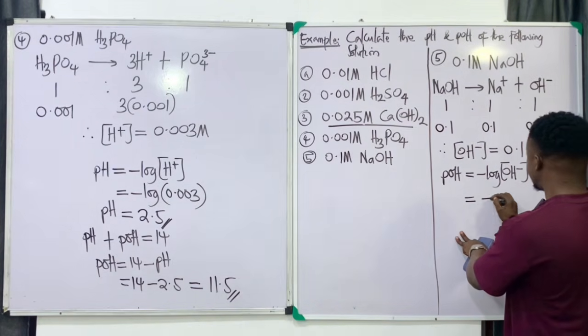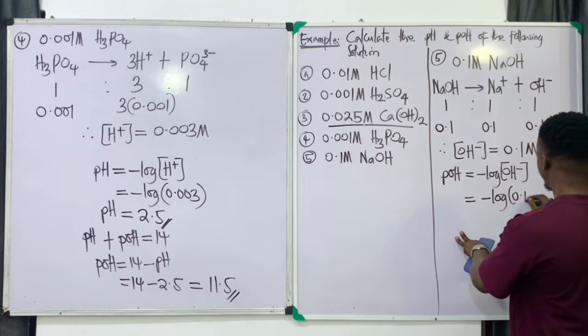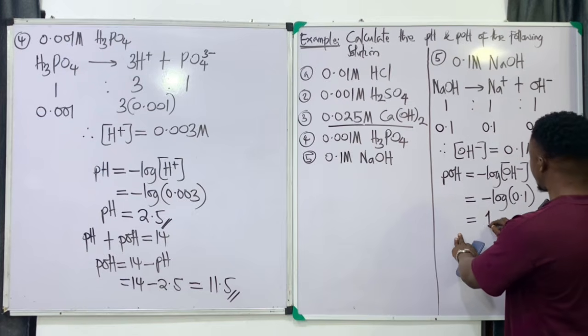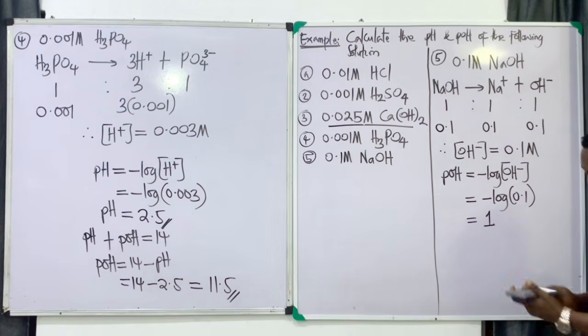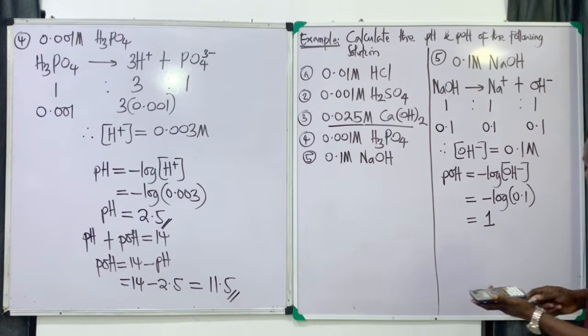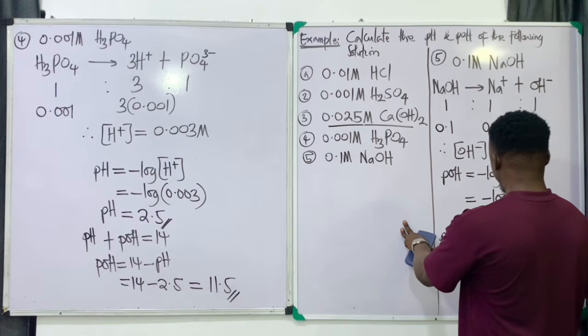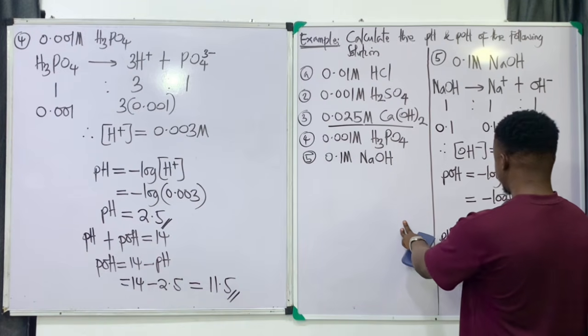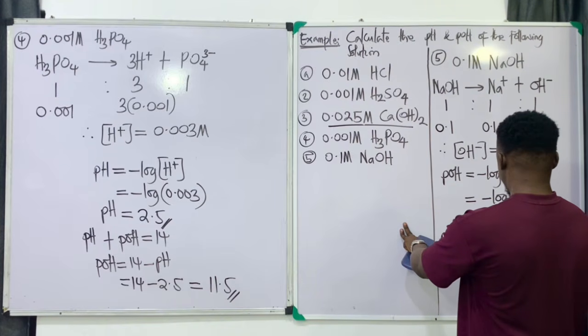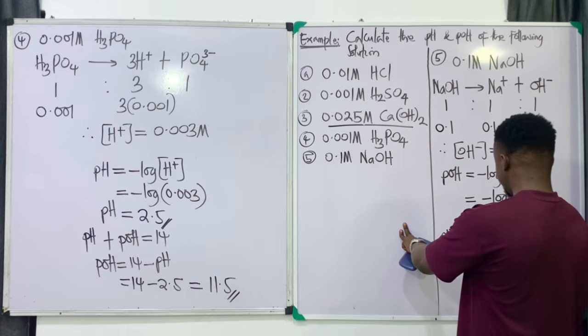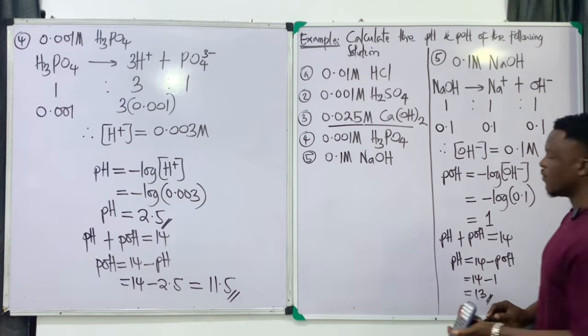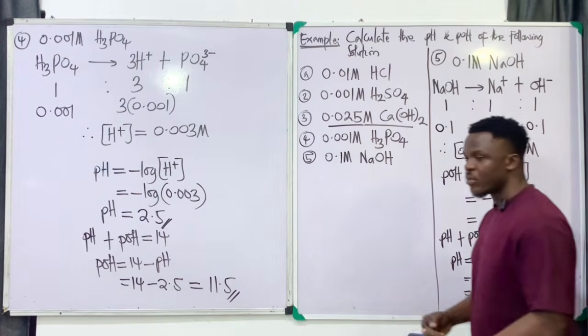So this becomes negative log of 0.1, which is 1. Now pH plus pOH is equal to 14, so pH equals 14 minus pOH. This is 14 minus 1, and the value for your pH is 13.